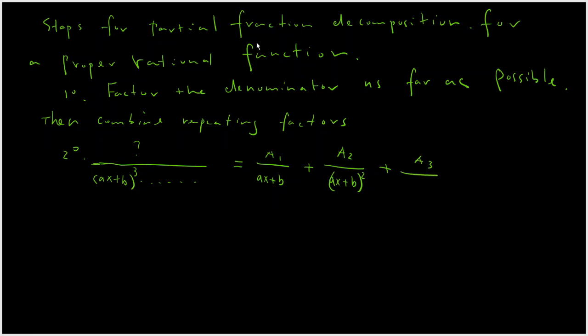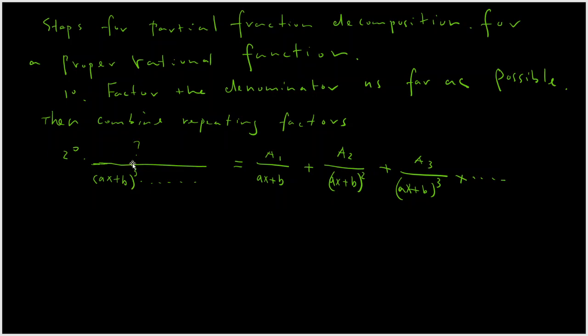I'm going to use a3 to denote the third number. On denominator you have ax plus b, the whole thing cubed. Of course, there will be many other terms. At this point, you just remember what I'm telling you right now. Very shortly, everything is going to make more sense.